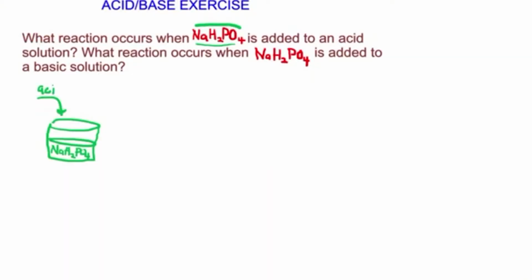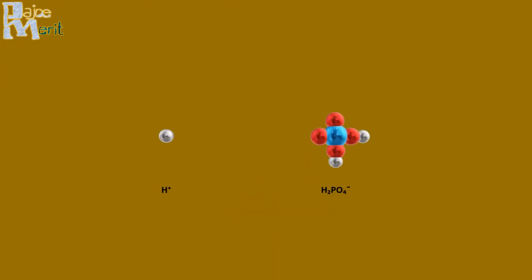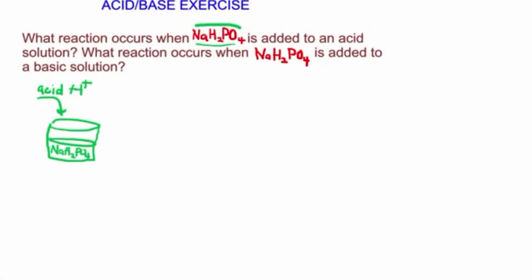For the purpose of this video, we will focus on the acid being the one that contains a hydrogen ion, or in terms of Bronsted-Lowry, a proton donor. Once you understand that concept, let's look at a little bit of the chemical structure of this compound.